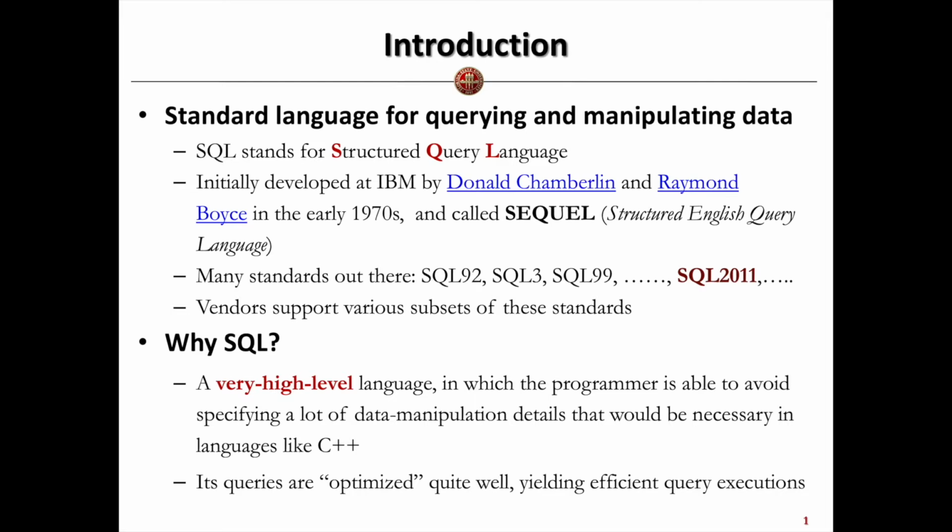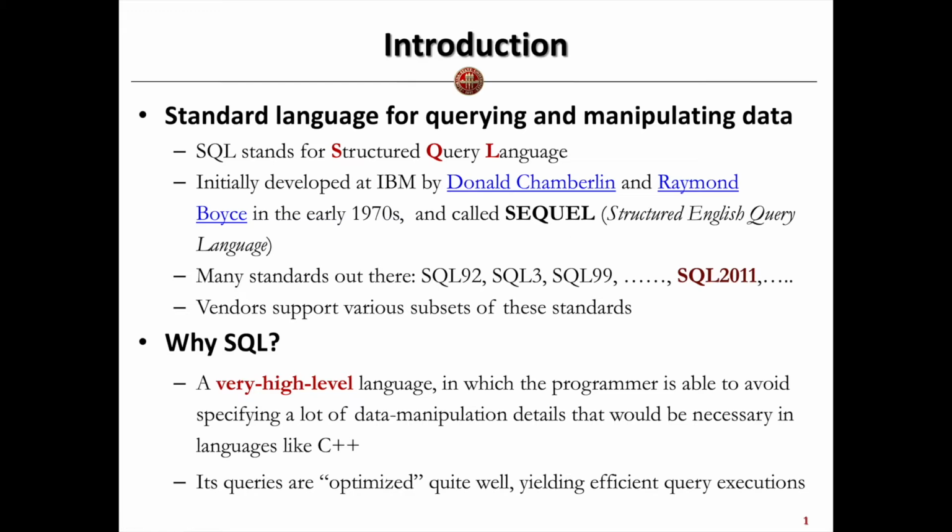It was initially developed by IBM by Raymond in the early 1970s. It was initially called SEQL, the Structured English Query Language, and later on, we changed the name to SQL instead. It is shorter.